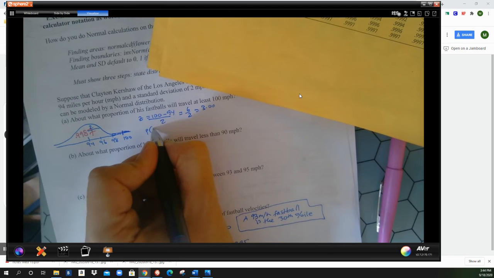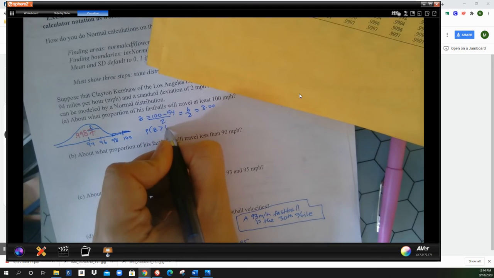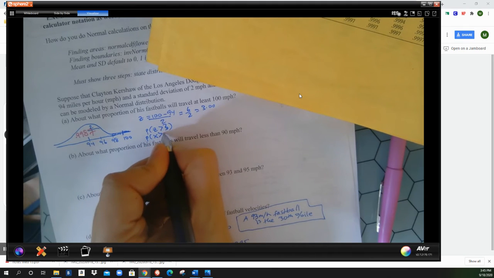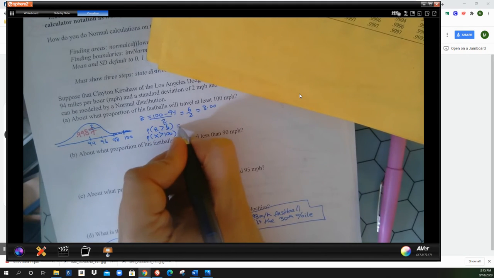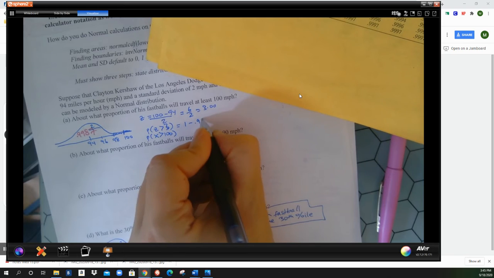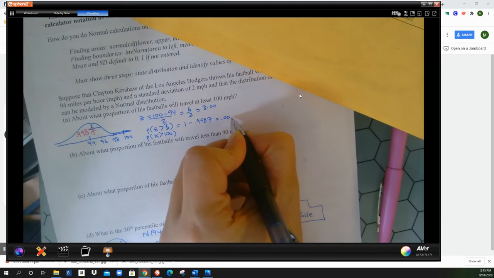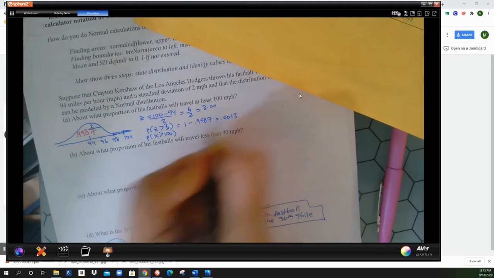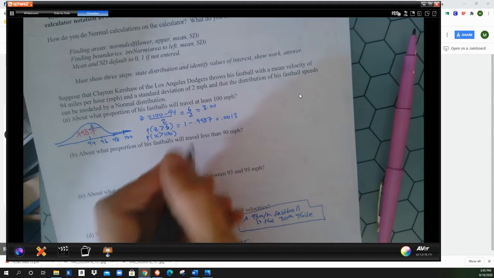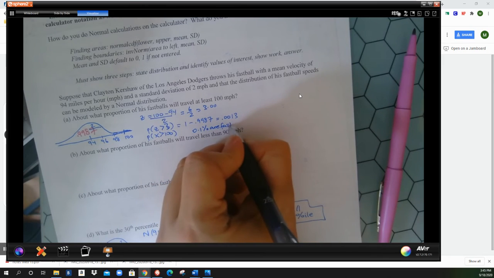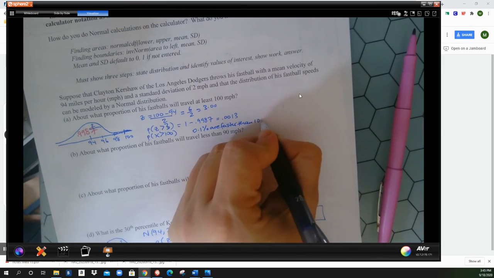So I'm saying the chance of having a z-score more than 3, or I could also say the chance of having a fastball more than 100, is 1 minus 0.9987, because obviously I didn't shade all my graph. So that's how I do that. So that's the answer. So it's going to be 0.1% are faster than 100.